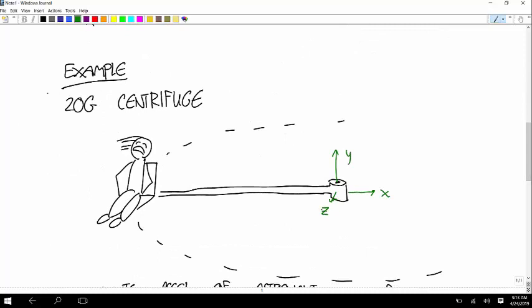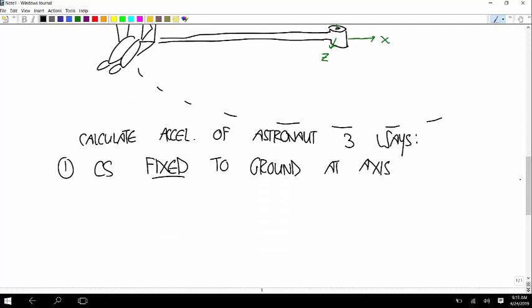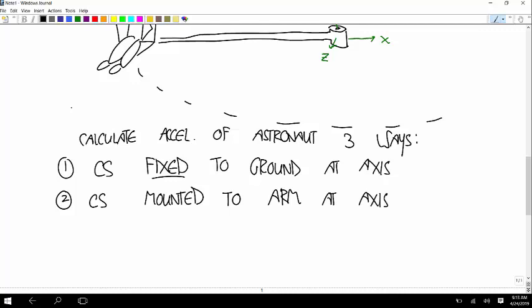So this one, even though it's located at the axis, it's not rotating with the arm. Then I'm going to use one that's mounted to the arm at the axis. And at the instant that we're looking at it, it has the orientation that's shown in that picture.